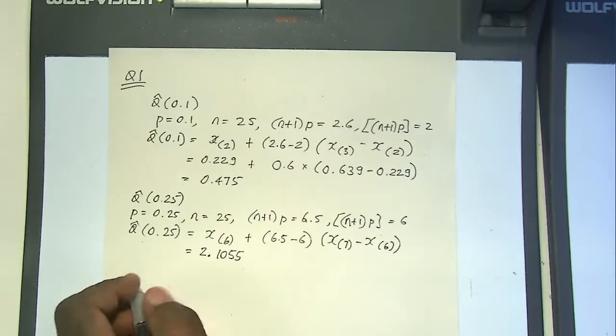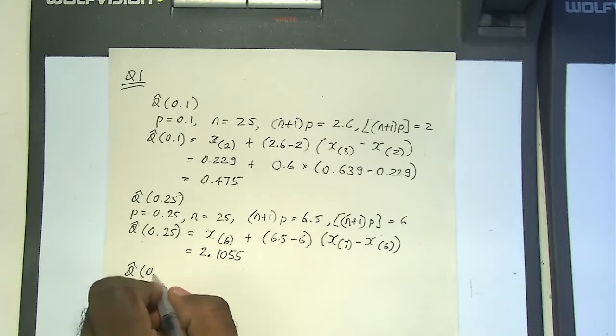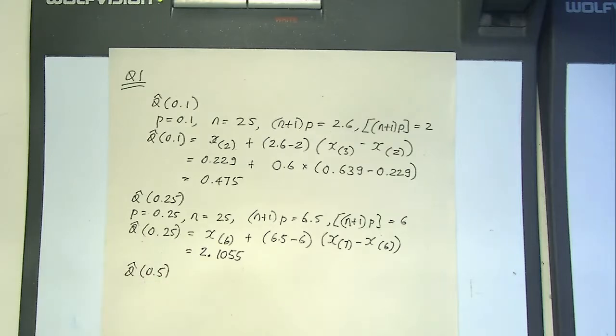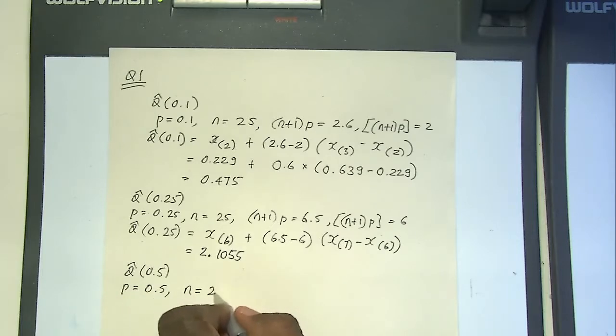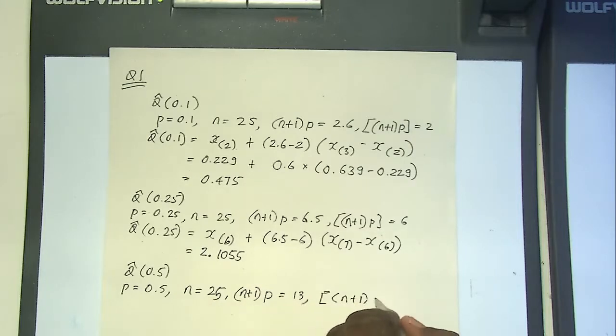The next one is Q hat at 0.5, which is the median. So your P is 0.5, your N is 25, and your N plus 1 times P is 13. The integer part is also 13.